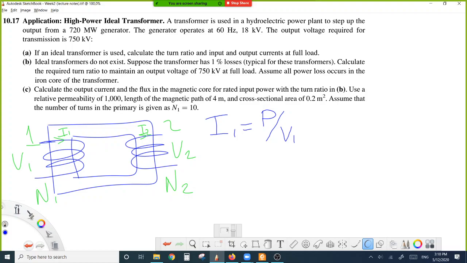Power in our case is 720 megawatt, 10 to the power 6, over V1, which is 18 kilovolt. So that gives 4, 10 to the power of 4. Okay. Great. We found I1.